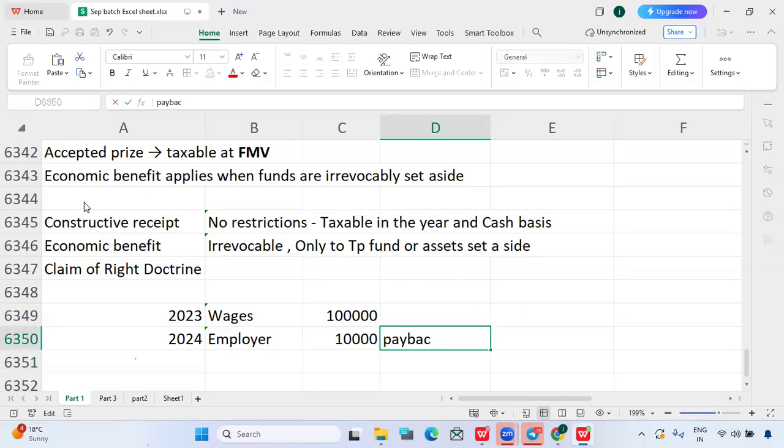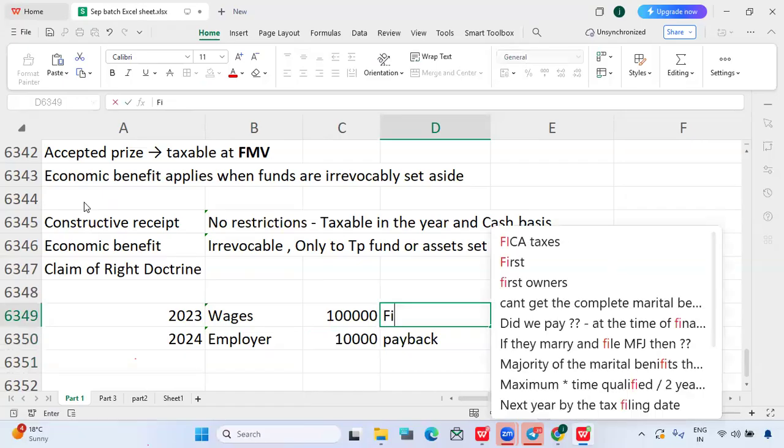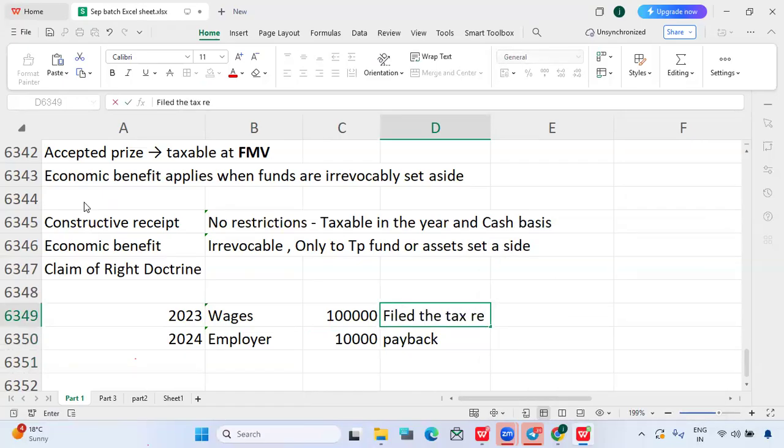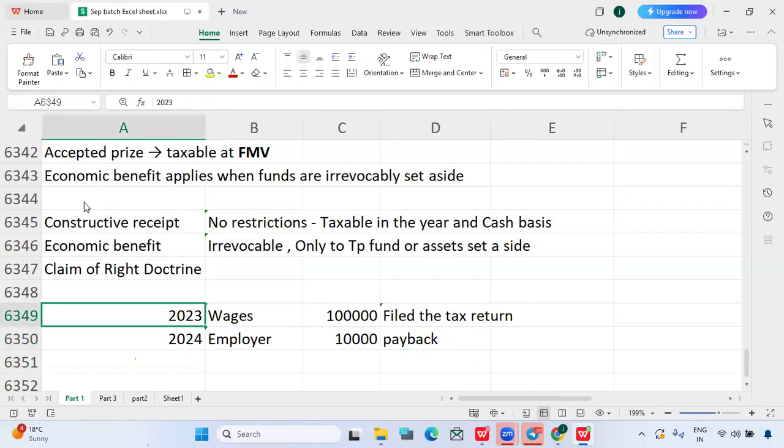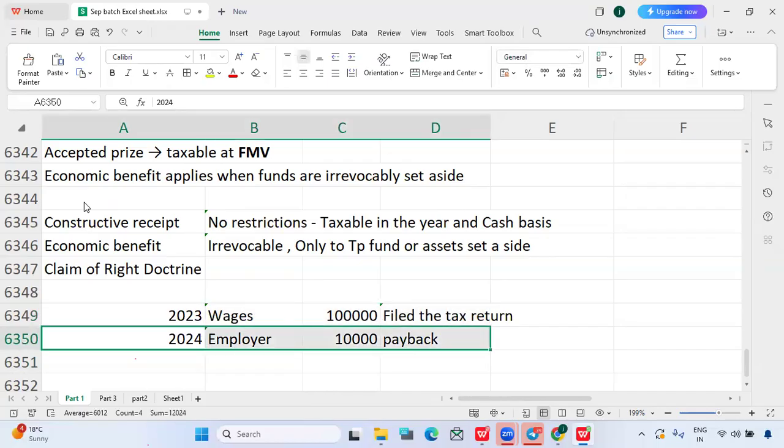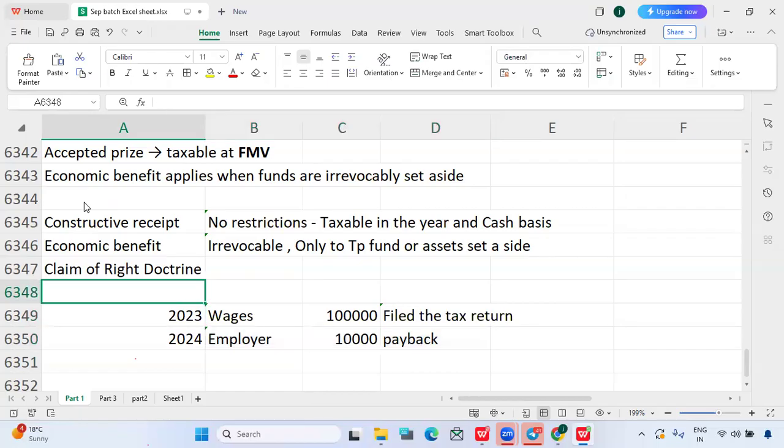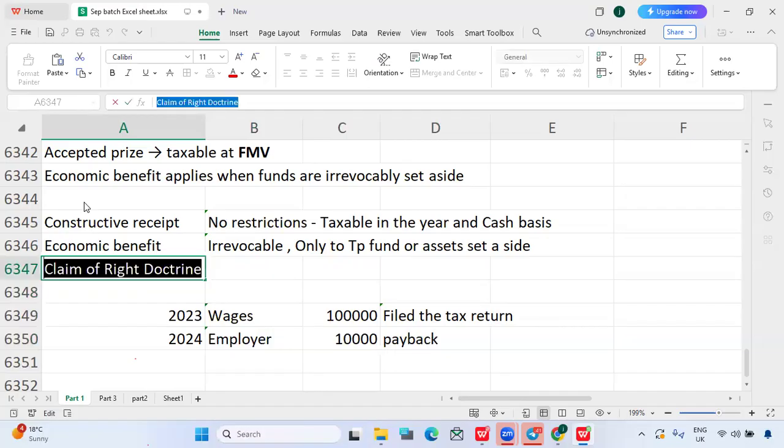So what will you do? We have already filed the tax return for that year. How will you do it? We can show the $10,000 as an expense on the same schedule. In such situations, we have a doctrine, which is the claim of right doctrine.